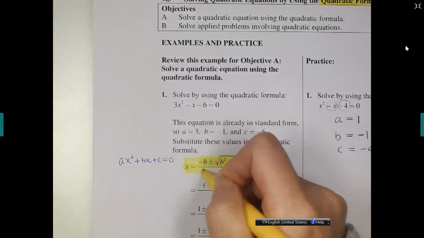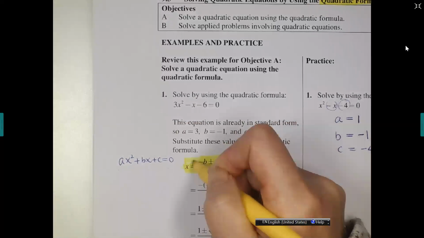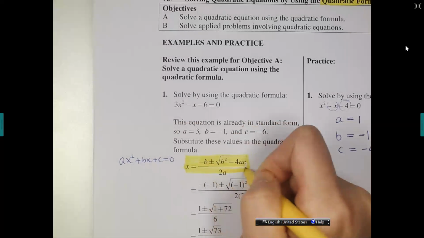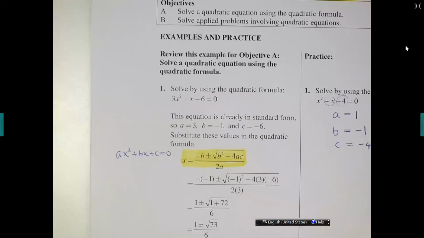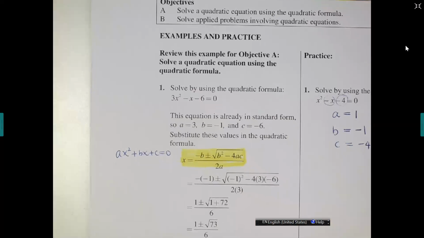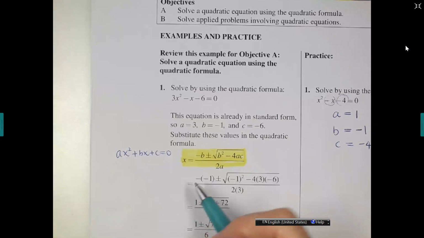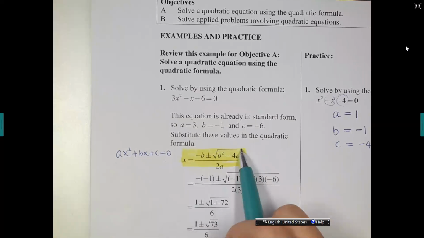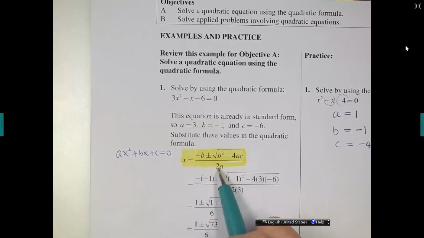Let me highlight this. This formula I just highlighted is the solution of this quadratic equation. It equals a rational expression with a radical as well. For the rational expression, the denominator is 2a.